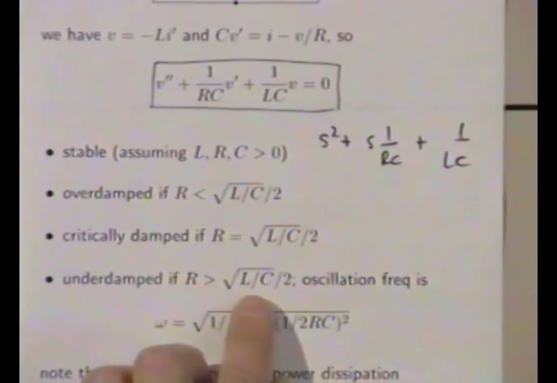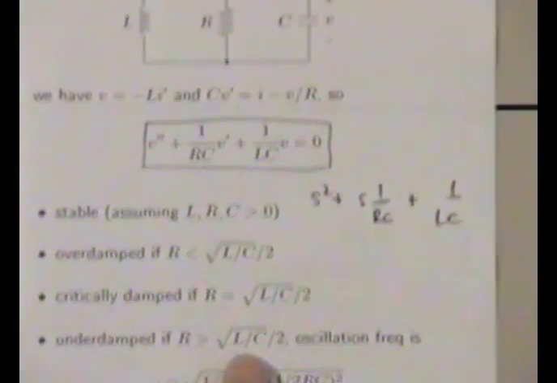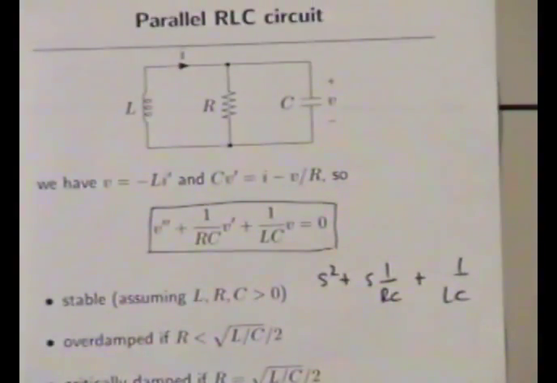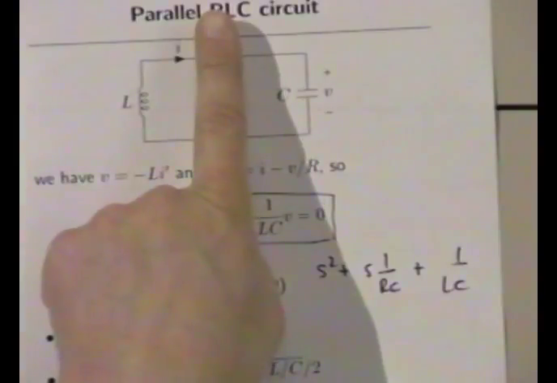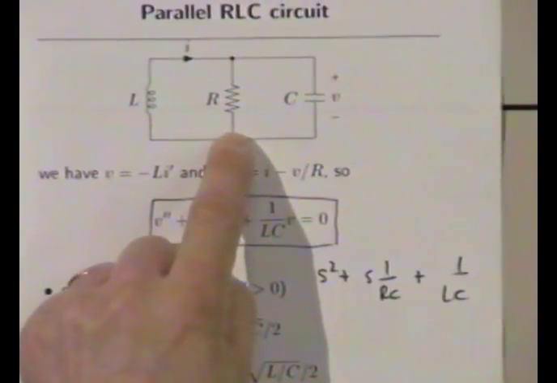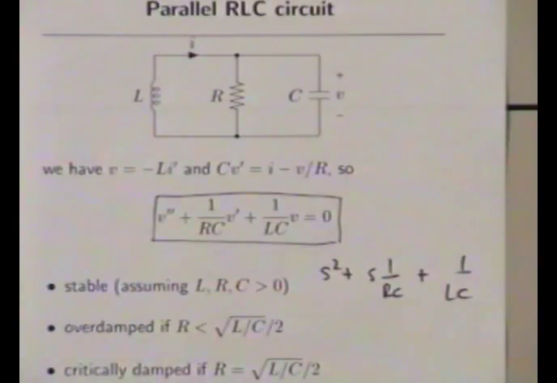If R is really big compared to it, then the solutions of this circuit decay very slowly. This matches the intuition: it's basically an oscillator with a resistor that turns a little bit of energy into heat each cycle. And this is why you have a slowly decaying sinusoid.